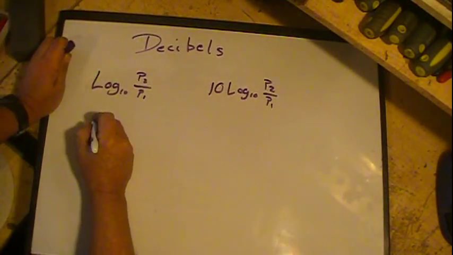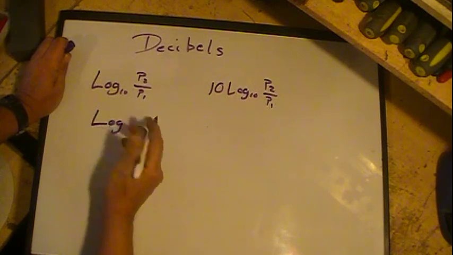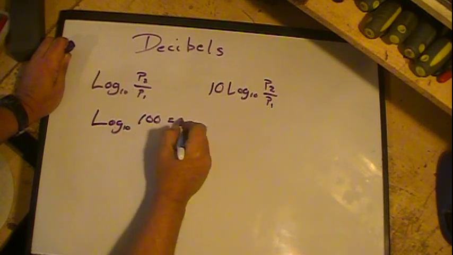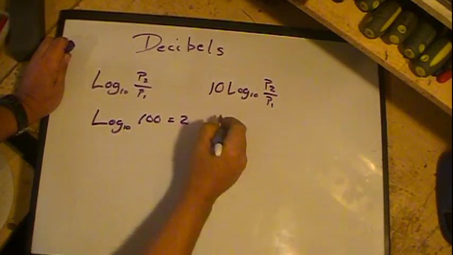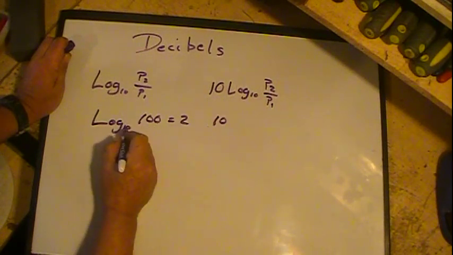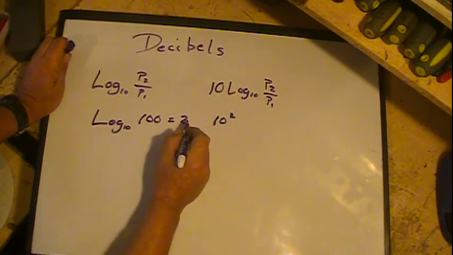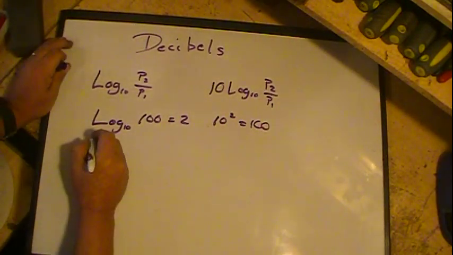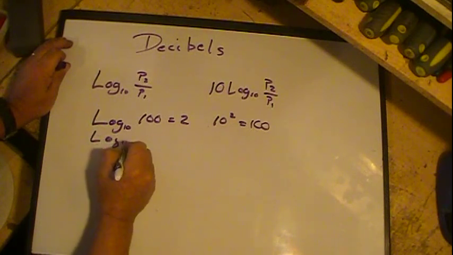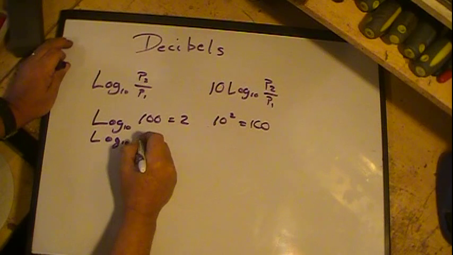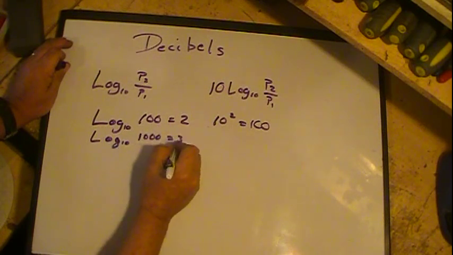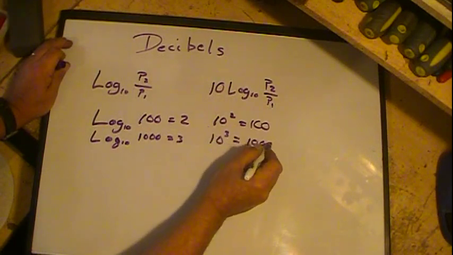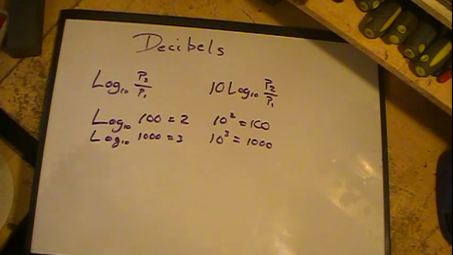So basically, if I take log base 10 of 100, that is 2, because 10 squared equals 100. Log base 10 of 1000 is 3, because 10 cubed is 1000. Now again, you can have any base you want.